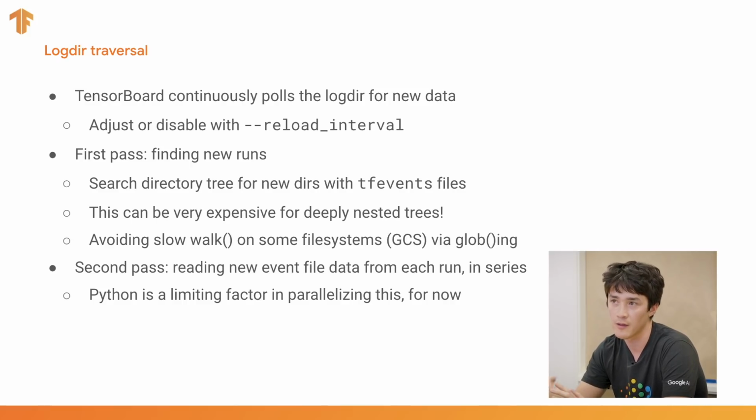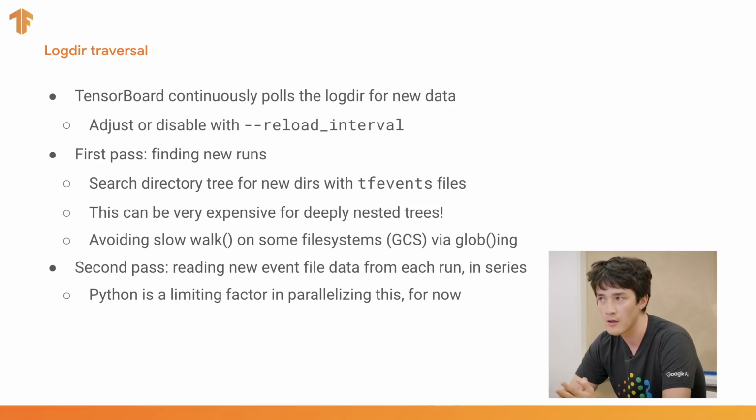And we may expect that different runs will be created as it proceeds. So we need to continuously check for new directories being created, new data being appended. In the case where you know that your data is not changing, like you're just viewing old data, you can disable this using the reload interval flag. And you can also adjust the interval at which it polls.